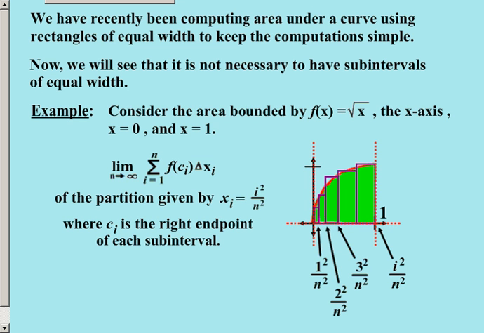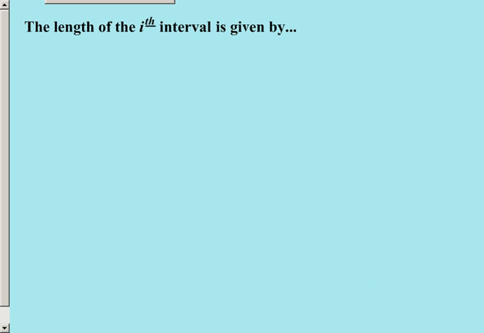And of course, the problem did not say there were 5 subintervals. I just jammed some rectangles inside of this curve, and it just turned out there were 5, but it would be n number of rectangles. So for n number of rectangles, n squared over n squared would be the right side of your last subinterval.